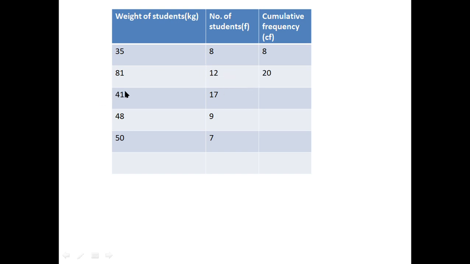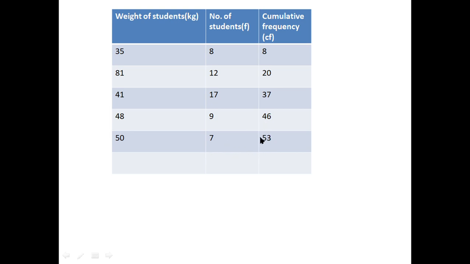After 41 kg, 17 strings were added, so adding them to these 20 strings, 17 plus 20 became 37. Then 48 kg strings were added, 9 strings, so 9 plus 37 is 46 strings in total. And when 50 kg strings, 7 strings, are added, 46 plus 7 is 53.